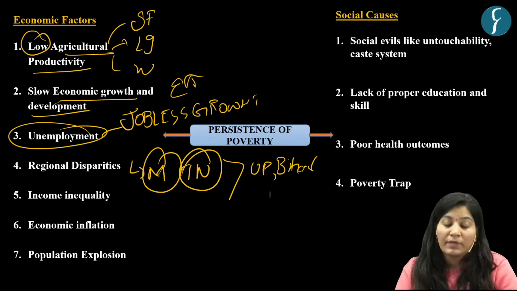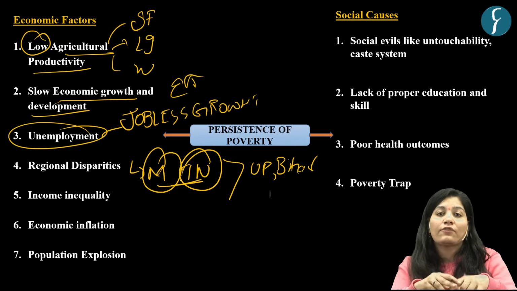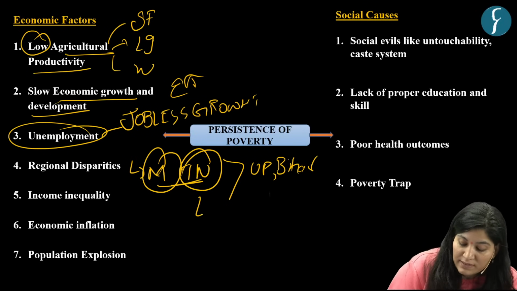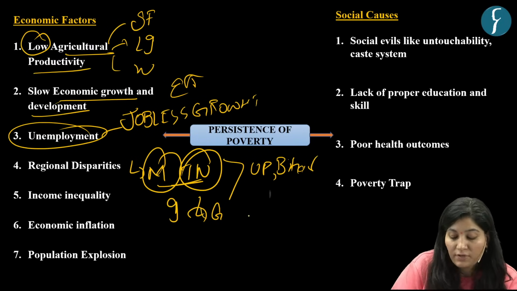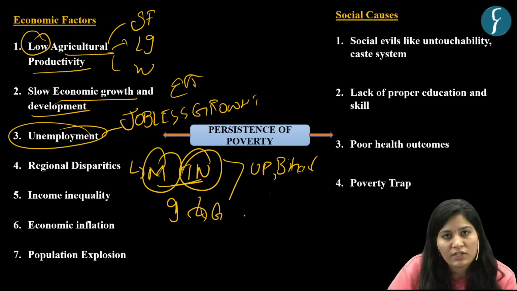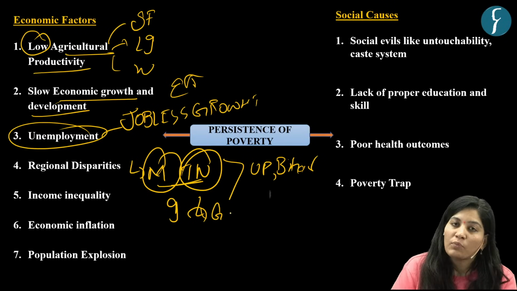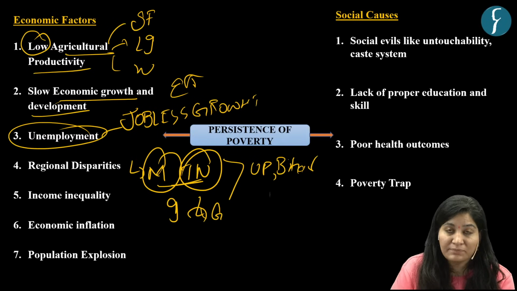Why? Because these states have clusters of industries. So once you have clusters of industries, that means you have good infrastructure. Good infrastructure means good job creation, more jobs, high income.